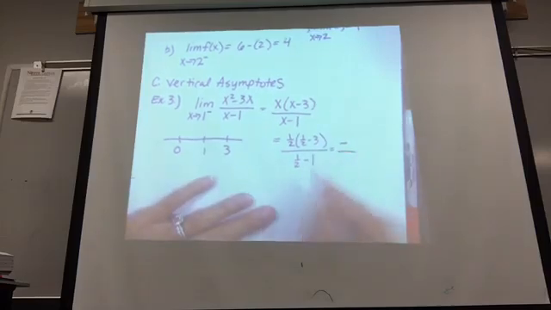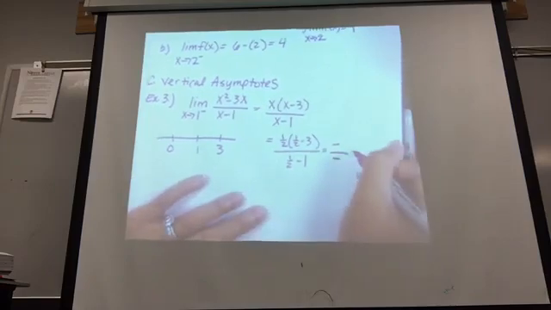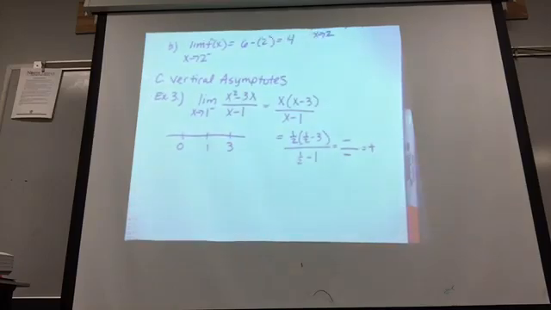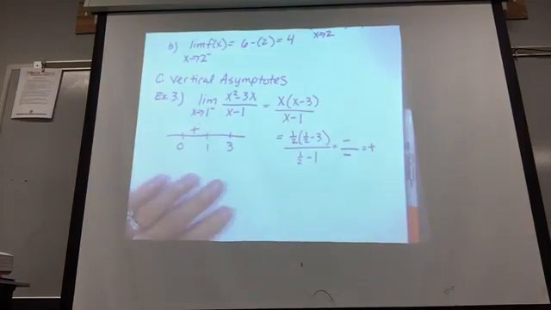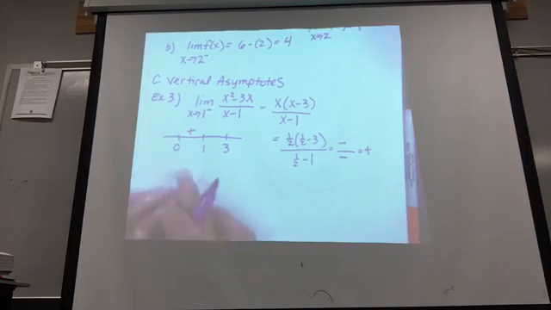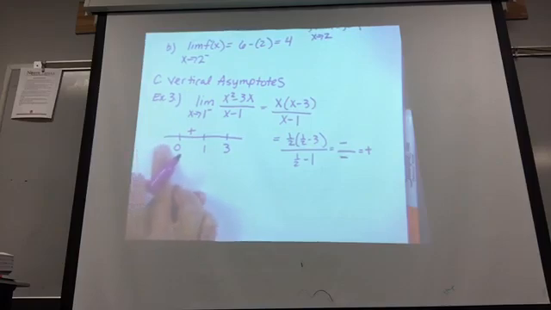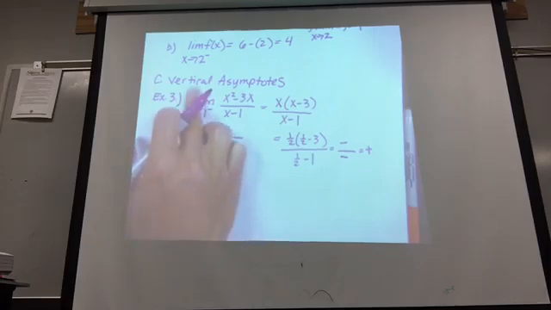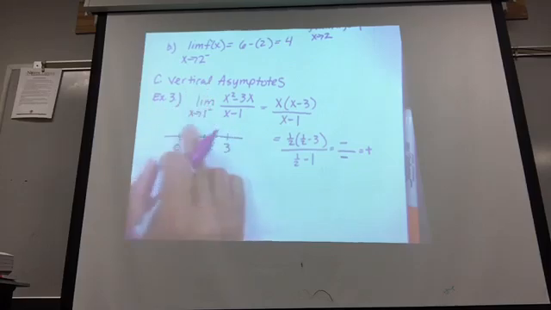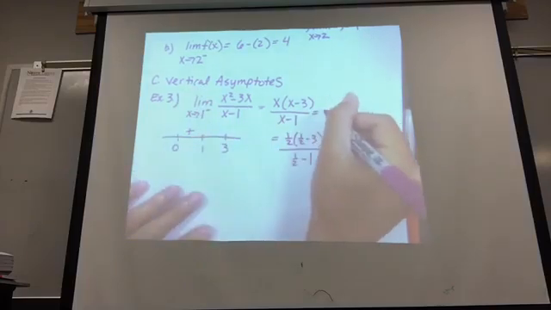And in the bottom, 1/2 minus 1 is going to be negative, and I know a negative divided by a negative is a positive. So now I know between 0 and 1, all my values are positive. So as I approach 1 from the left, if my curve is going up, that tells me that this limit is equal to positive infinity.